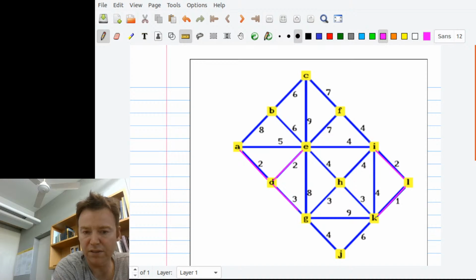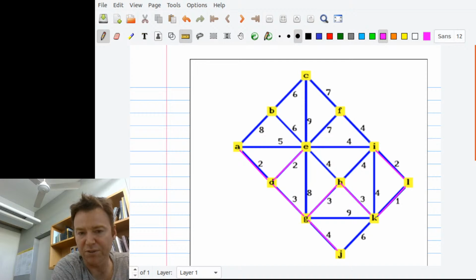There's a 3, and a 3. Then all the 4s. I don't need this 4, that's forbidden. I don't need that 4 either.